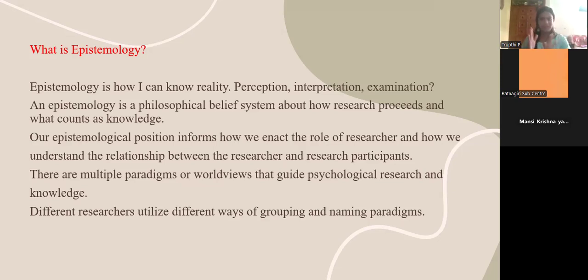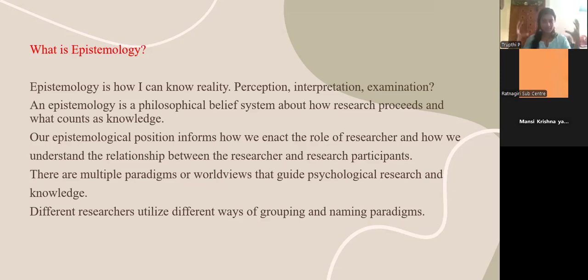Ontology and epistemology together make a paradigm, so we each have a paradigm. There is a paradigm for Indian psychology. You are Yoga Shastra students, so you have a paradigm to study that particular subject, or a paradigm to study science, history, and so on. So there are multiple paradigms and worldviews.